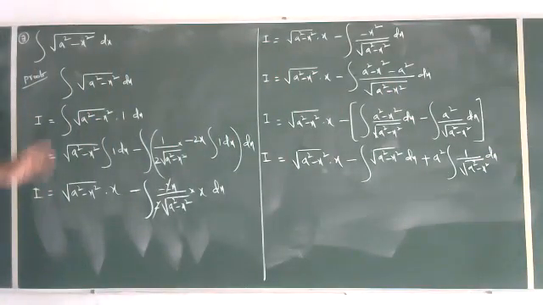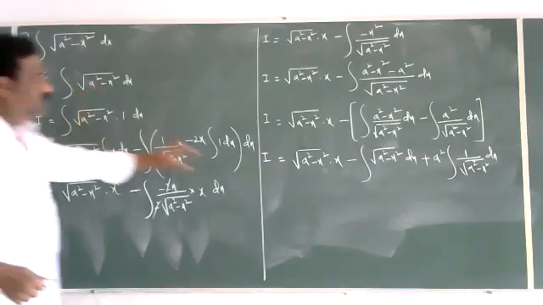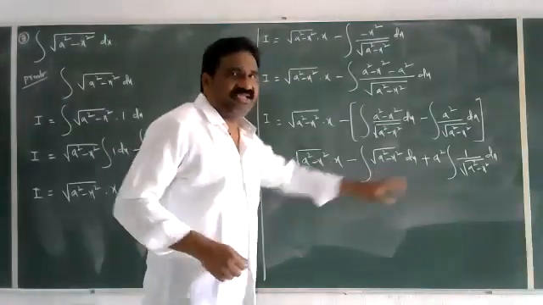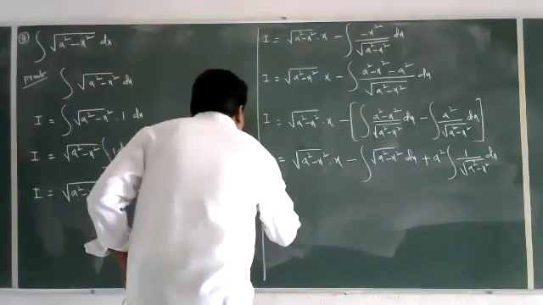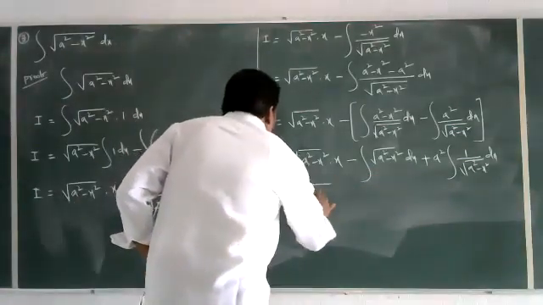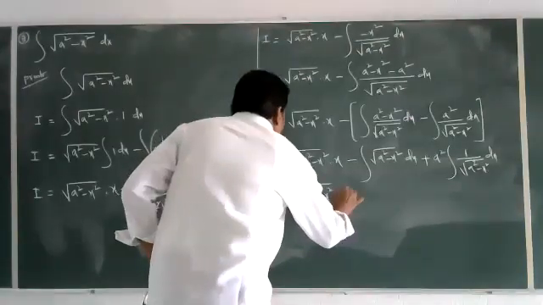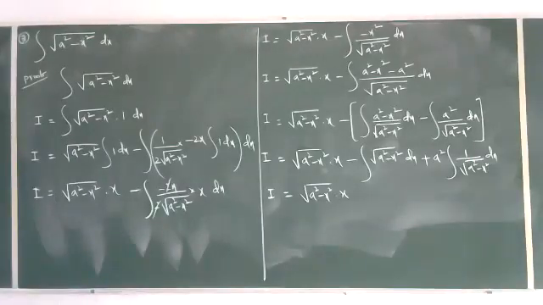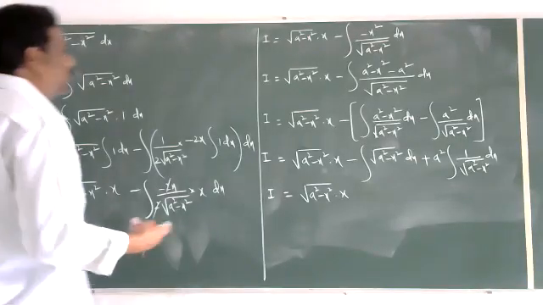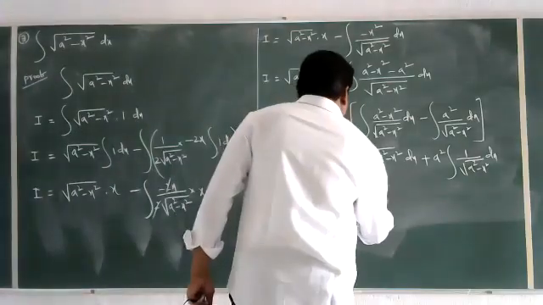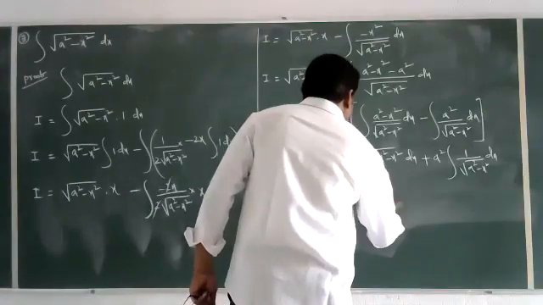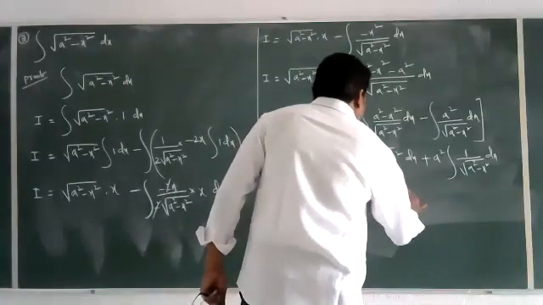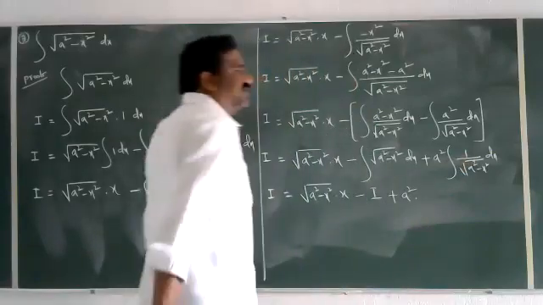So first, this is I. Here we get I again; substitute I there. I is equal to root of a square minus x square into x, minus I, plus a square into, what is the formula of this?